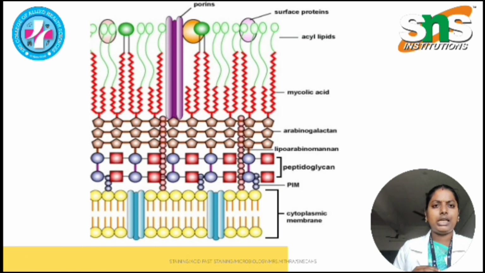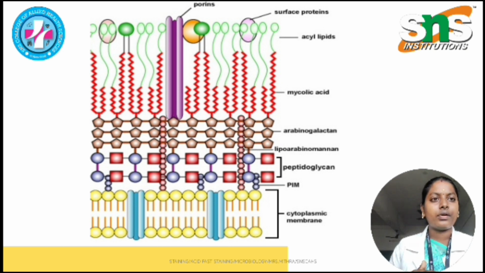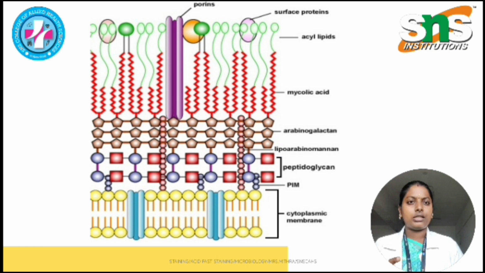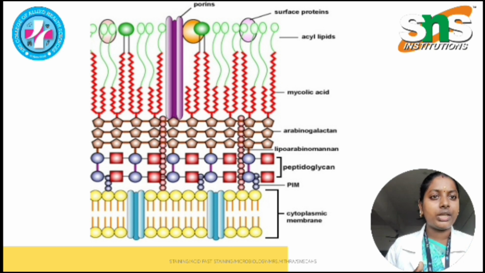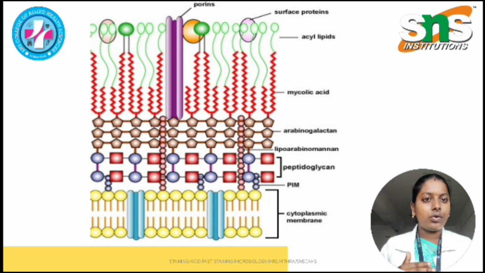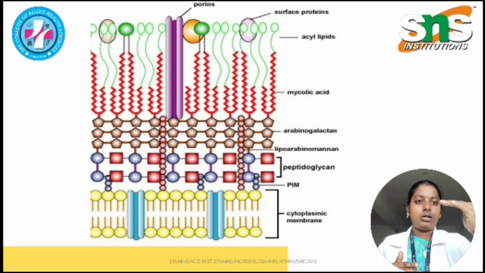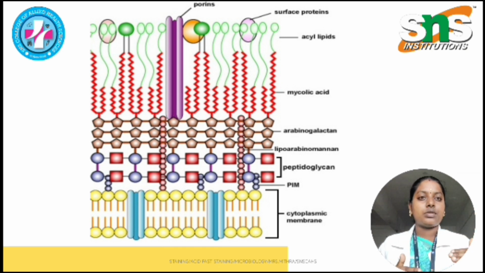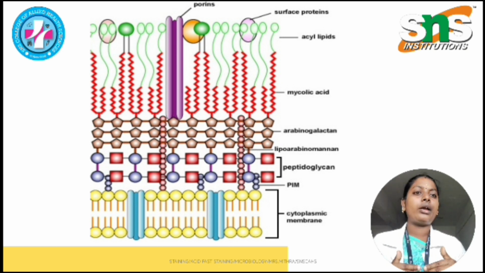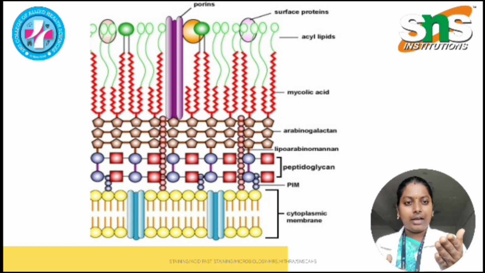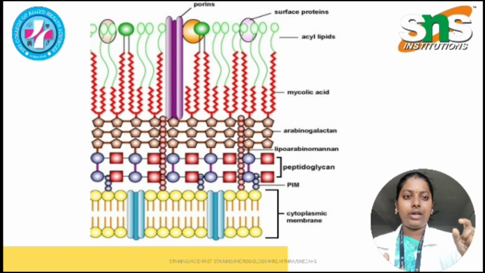So this is the structure of the acid fast bacteria. You could see the components: porins, surface proteins, acyl lipids, mycolic acid. Mycolic acid is a very thick layer in this acid fast bacteria, and you could see the arabinogalactan layer, the lipoarabinomannan layer, and the very thin layer of peptidoglycan.